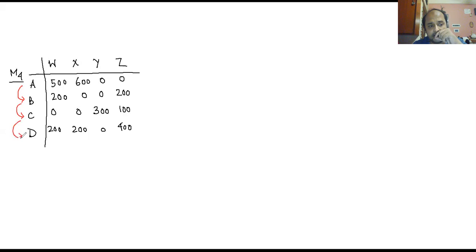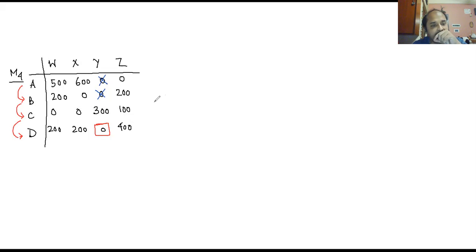Go to the next. Row D contains a single zero, so I'm going to assign that zero. This zero appears in this column and this row. In this row there are no other zeros, but in the column containing the assigned zero I can get two more zeros, so I'm going to strike them out.